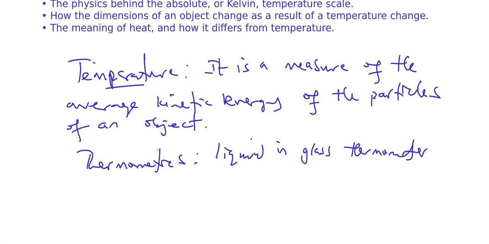Then when you dip it in the coffee or the hot tea, you note the final reading. Usually the scales used for thermometers differ. In some thermometers, the Celsius scale may be used. Let me explain the different scales.